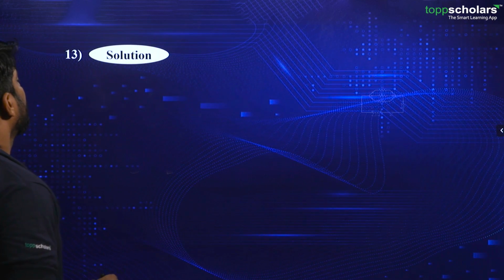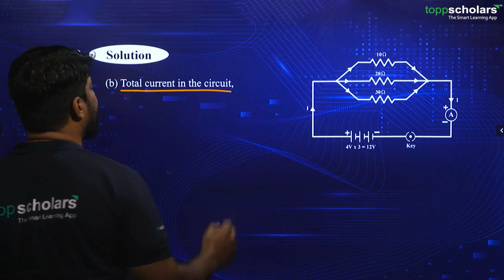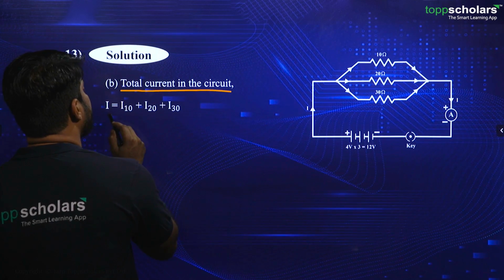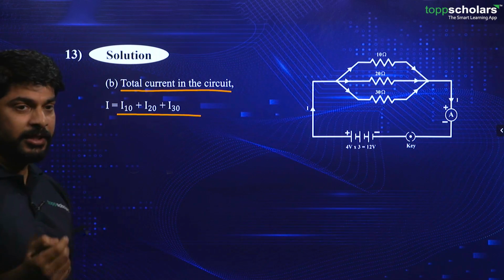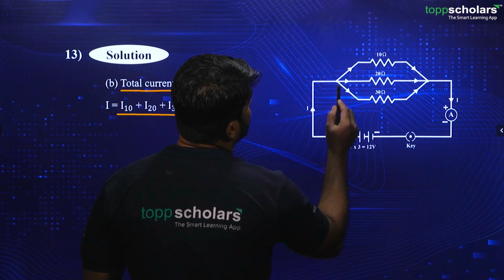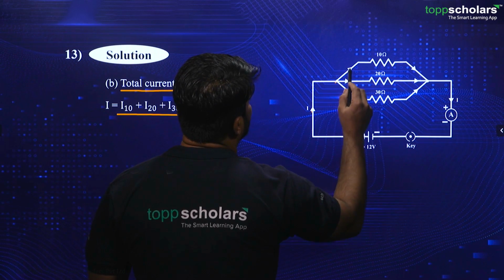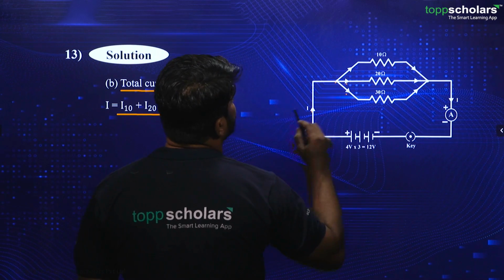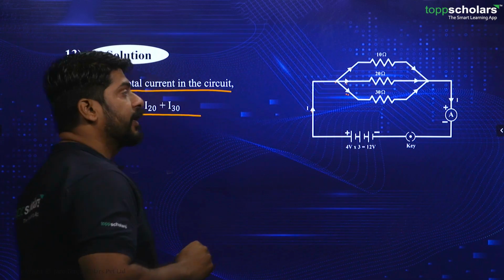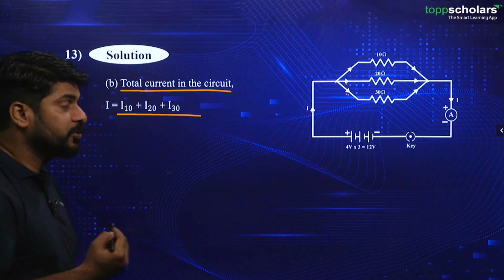Now we have to calculate the total current in the circuit. So I is equal to I10 plus I20 plus I30. All these will be added because the same current is split in 3 directions, I10, I20, I30. So definitely the sum of these 3 must be equal to this I, according to the conservation of charge.